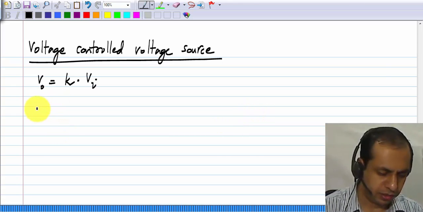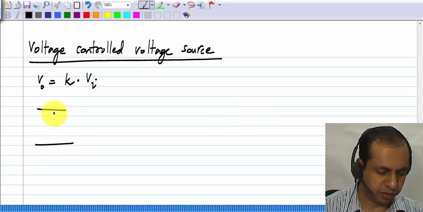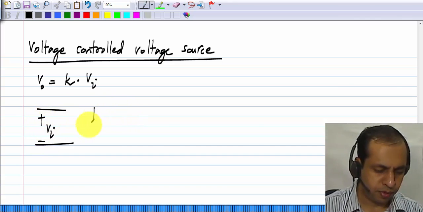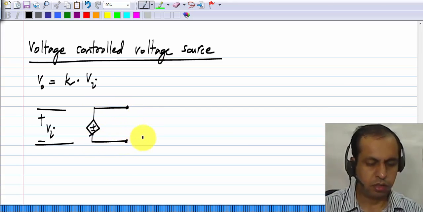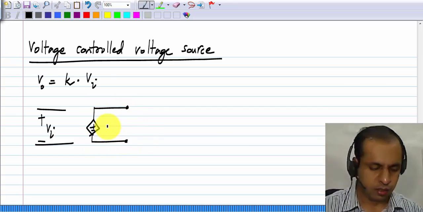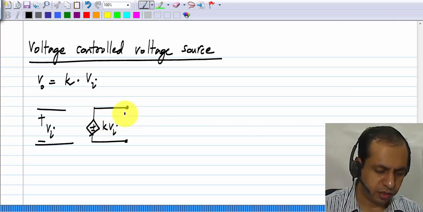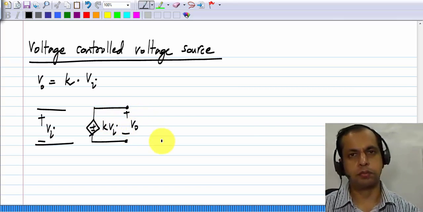That is, let's say the input is applied between two nodes. There will be a voltage K times Vi, which is the output voltage.